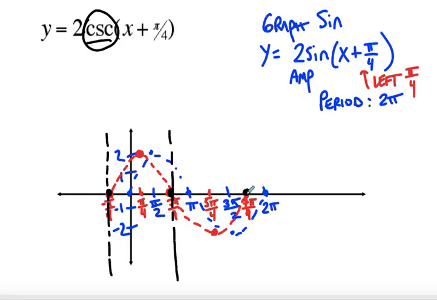And here is where the sine graph hit 0, so we'll put an asymptote. Then at the top of the bump, that's where we're going to have a U shape. And at the bottom of the bump is where we're going to have a U shape. So the stuff that's in black is the cosecant graph.